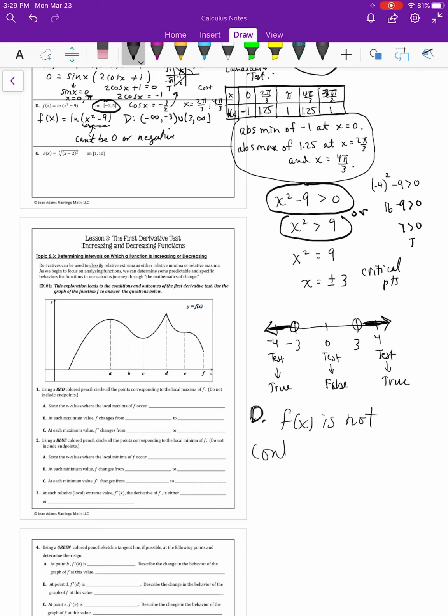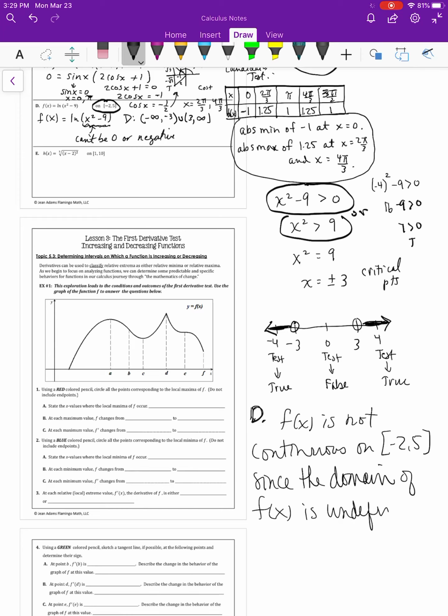So letter D, my answer would be f of x is not continuous on negative 2, 5, since the domain of f of x is undefined from negative 3 all the way to positive 3. So the extreme value theorem does not apply.